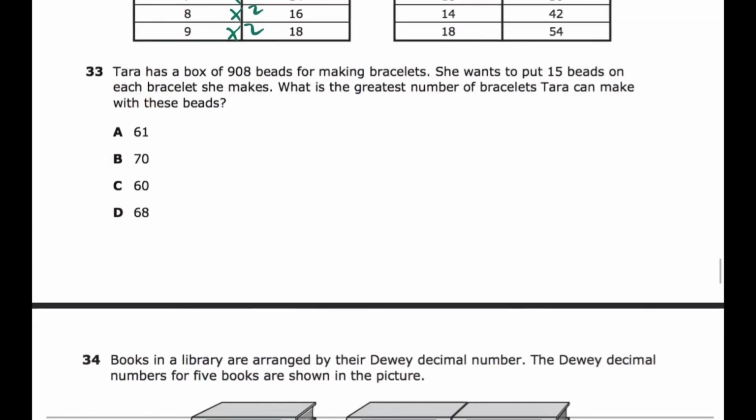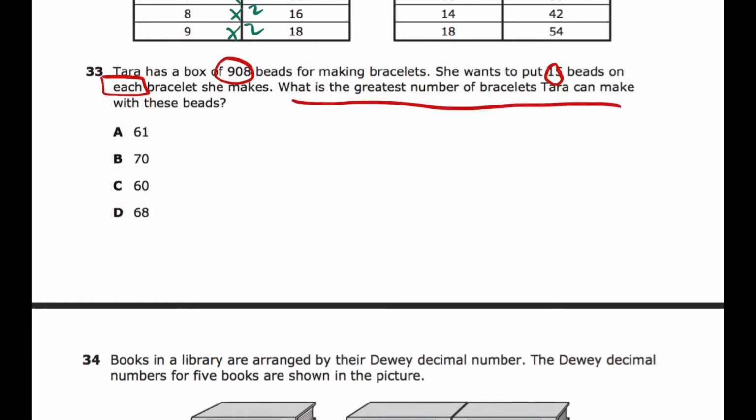Number 33. Tara has a box of 908 beads. She wants to put 15 beads on each bracelet. What is the greatest number of bracelets that Tara can make with these beads? So here I have a total number of beads, 908. She's splitting them up into groups of 15, using 15 beads on each bracelet.